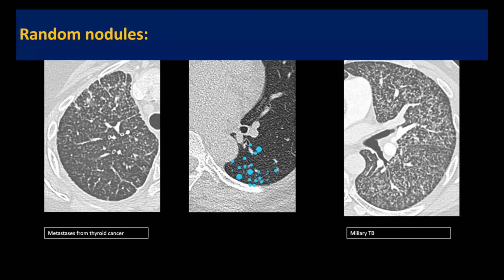Compared to miliary infection, where you see homogeneous, similar size lung nodules throughout the lung parenchyma, random lung nodules in metastatic disease can often vary in size and may be associated with other findings of malignancy, such as thickened interlobular septa or bronchial wall thickening, suggesting lymphangitic carcinomatosis, as was in this case with thyroid cancer.